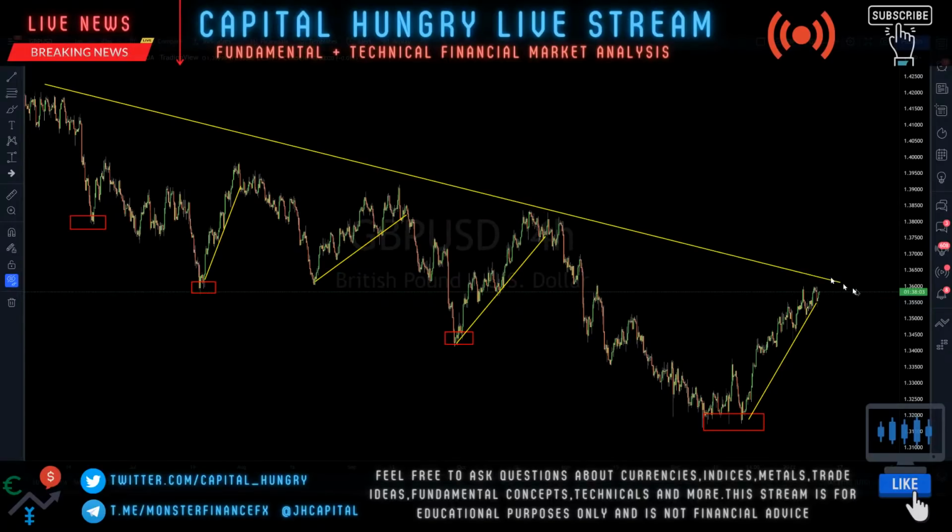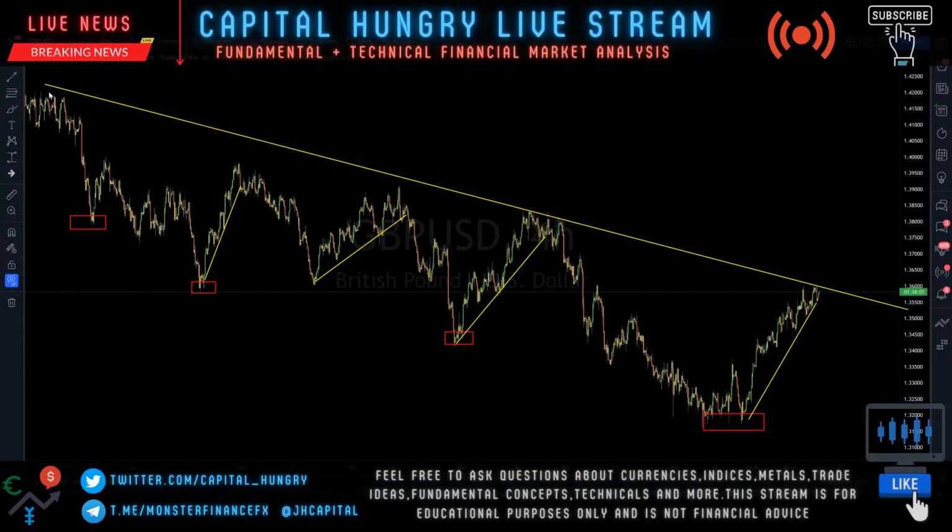But overall, the bearish market structure integrity is still maintained.